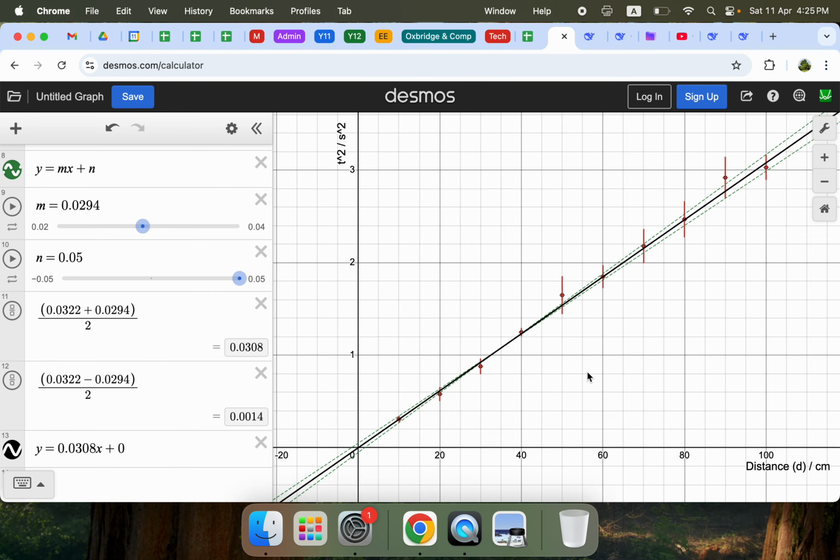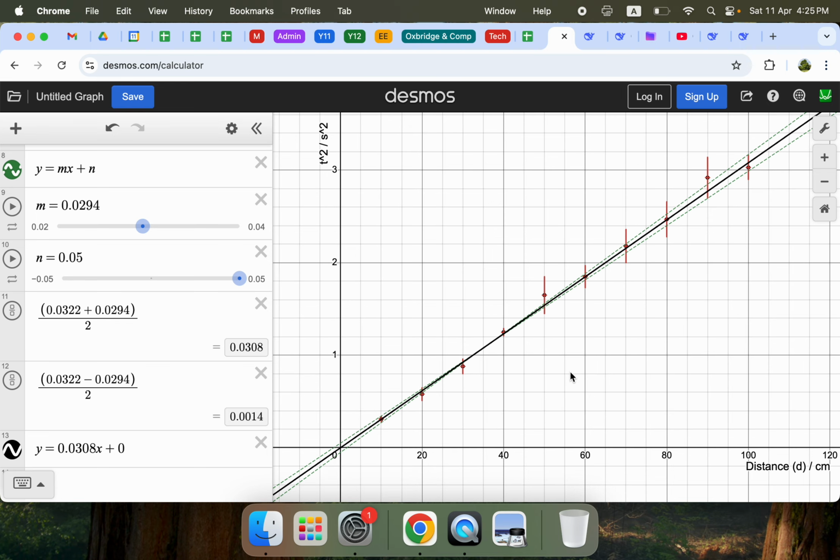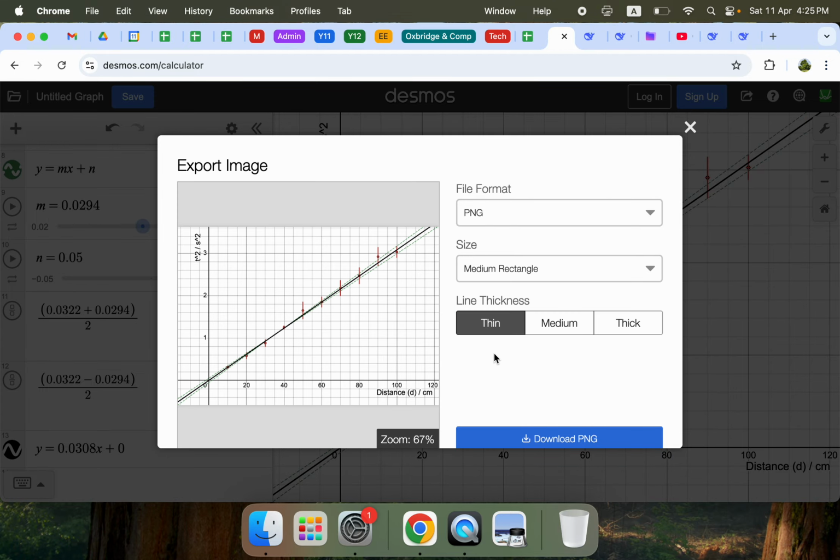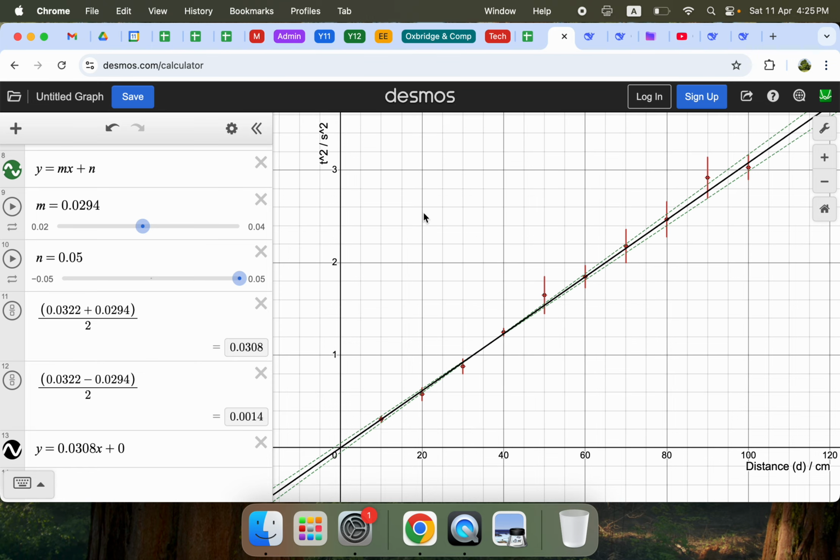And there you go, I have a pretty nice final graph here, where I've got my data points, my error bars, a best fit straight line, and max-min lines. I now have the slope with uncertainty and the y-intercept with uncertainty as well. And again, I can export this image nicely and put that into my lab report. And there you go, that's how you draw max-min lines in Desmos.